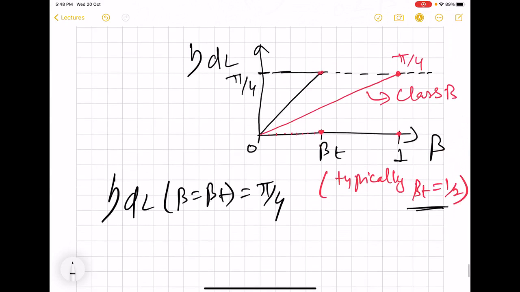For that case, this graph would have been like this. So if you take beta t smaller and smaller, you will attain the maximum efficiency sooner, and there will be more gap between the actual class B case and the Doherty power amplifier. But this is not desirable. We will see why it is not desirable.